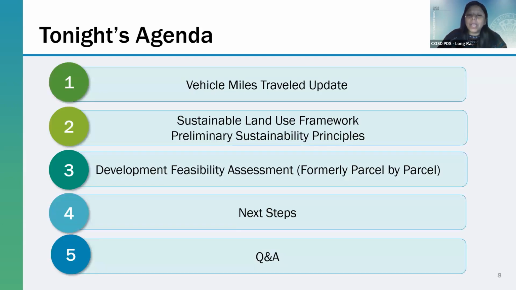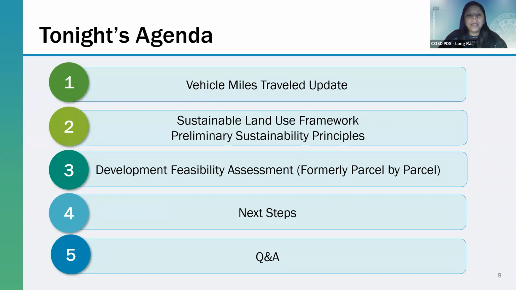Now that we have covered some technical logistics, let's go over the agenda for today. We will begin with an update on the vehicle miles traveled effort and mitigation options that will be presented to the board in March. Following the discussion, we will provide an overview of the sustainable land use framework, including what it is, what it will do, and how we propose to develop the framework.